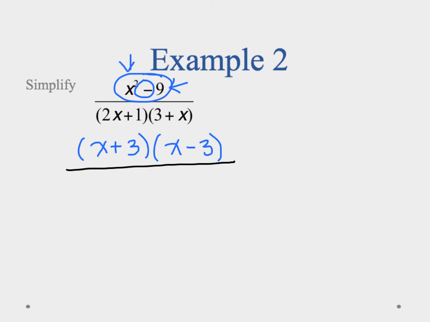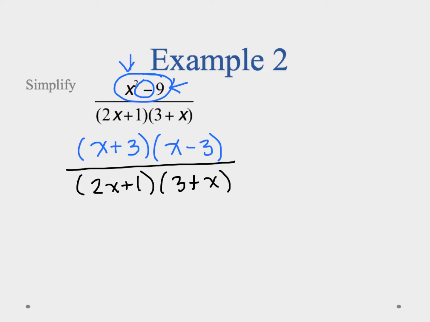And looking at the bottom, I have 2x plus 1 times 3 plus x. I don't see anything that I can factor, so I'm just going to rewrite it as 2x plus 1 times 3 plus x. All right, so now I'm going to look to see if there's anything that makes a 1, anything that I can cross out.